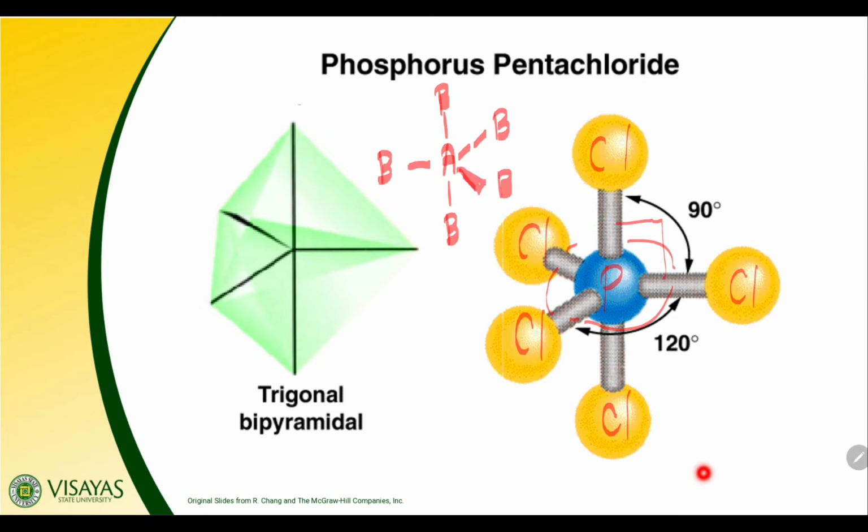Okay, so that is how we draw a trigonal bipyramidal molecule. So this must be a broken line and this must be a wedge line, because this is projected to the back and this is projected to the front. So these here are the base of the pyramid, and this is at the top and this one is at the bottom.